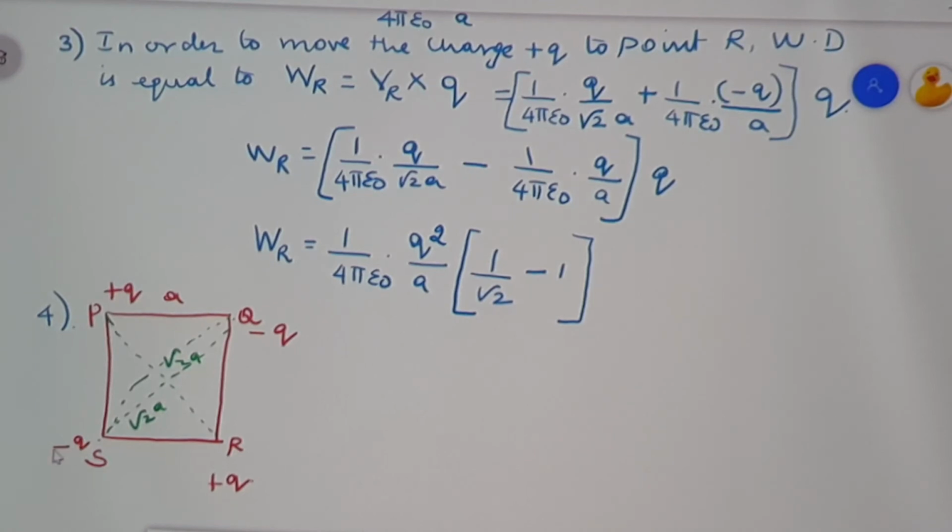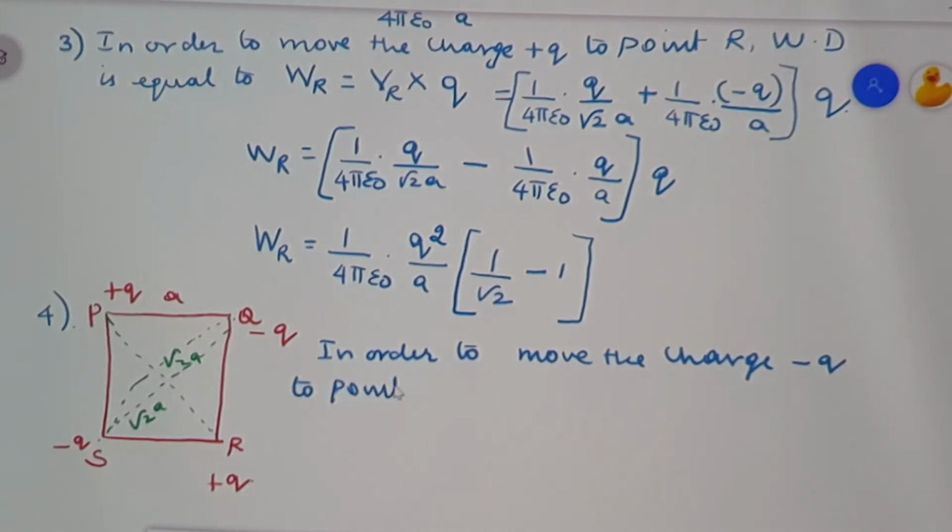You have to move minus Q to S. So I am writing, by the similar method, in order to move the charge minus Q to the point S, the work done is equal to, let us write like this, W of S. What is the work done?